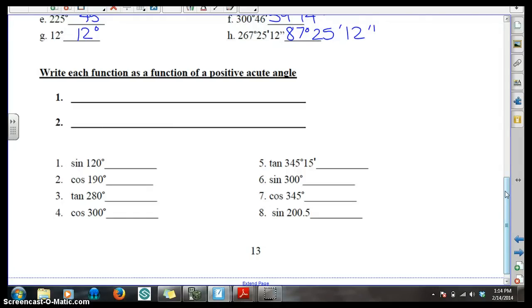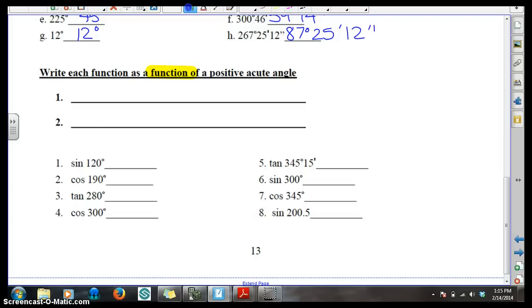What we're doing in this next section is basically finding an equivalent way to state any trig function as a function of an acute angle. It is worth noting in this case that your answer will be a function, not a number. Watch for the word function in the directions.